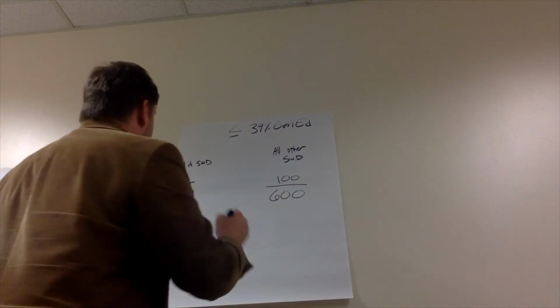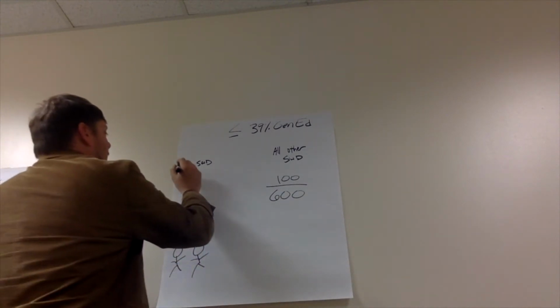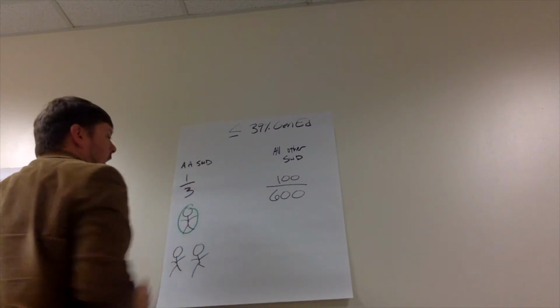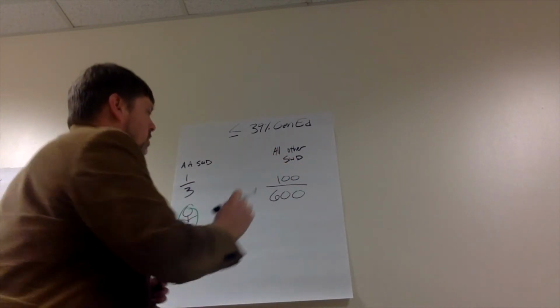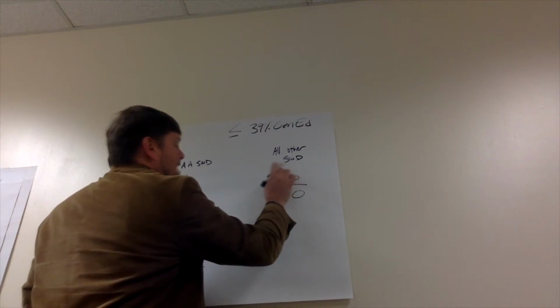Well, let's think through this. We know that the relationship for African American students with disabilities is 1 out of every 3. How can we understand this relationship through multiplication? This would be multiplication by 6, right?